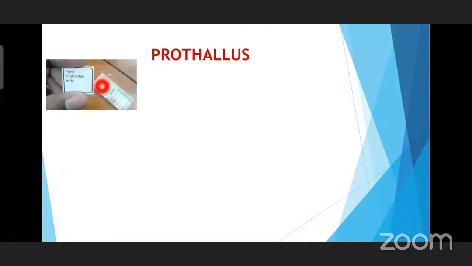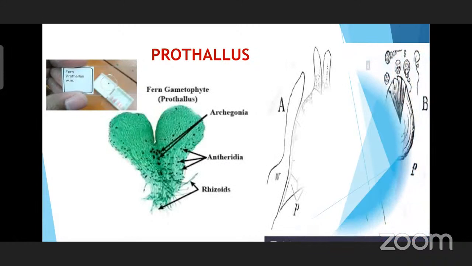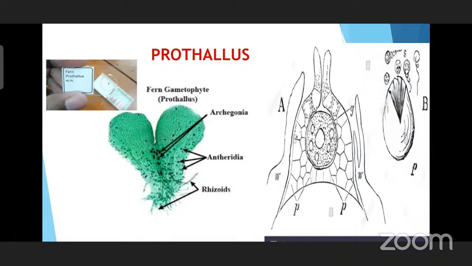Prothallus, you can see, is very tiny, and you can see the structure of prothallus under the microscope. Here is a heart-shaped prothallus bearing the male and female reproductive organs. Archegonia, the female reproductive organ, are present near the apical notch.